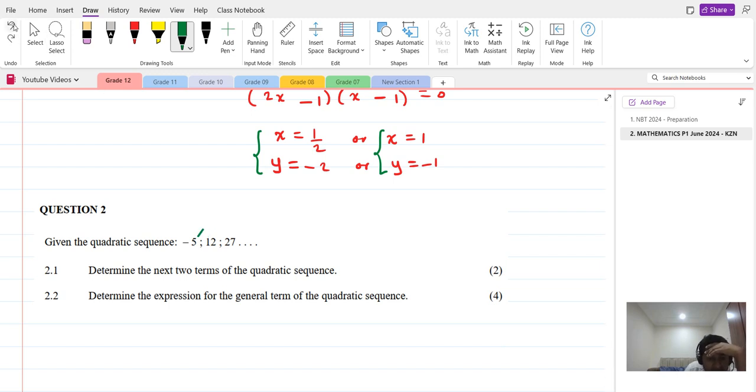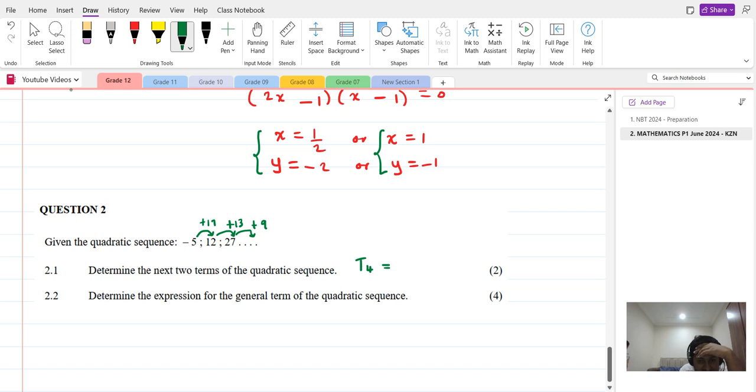So remember, we added 17. Then from 12 to 27 we're adding 13. You can see from 17 to 13 there's a reduction of 4. So then we're going to add 9. So term 4 is going to give me the next two terms.